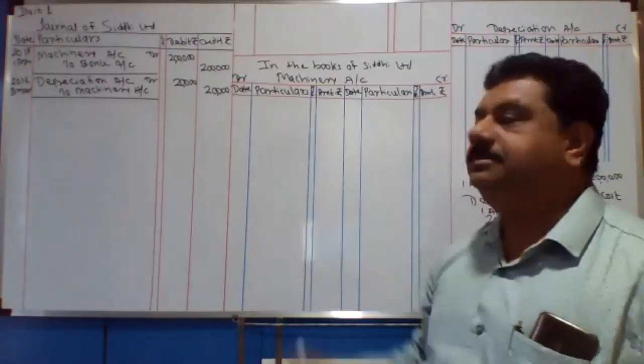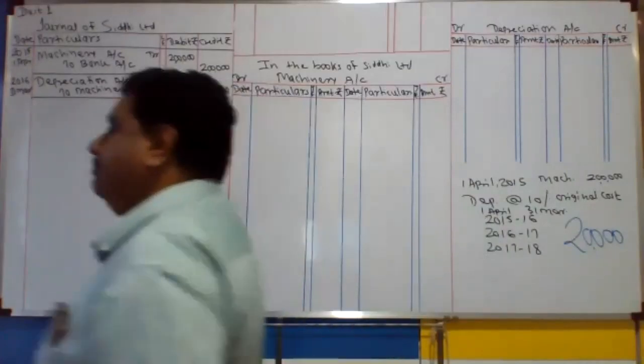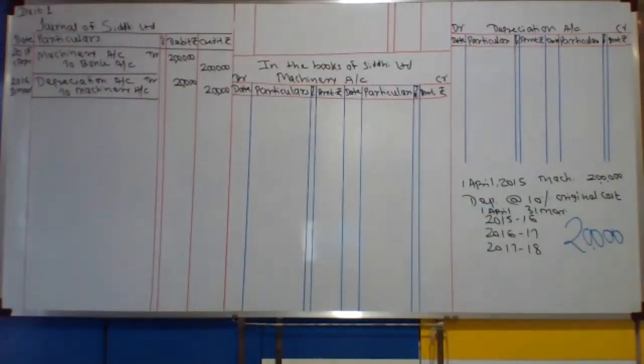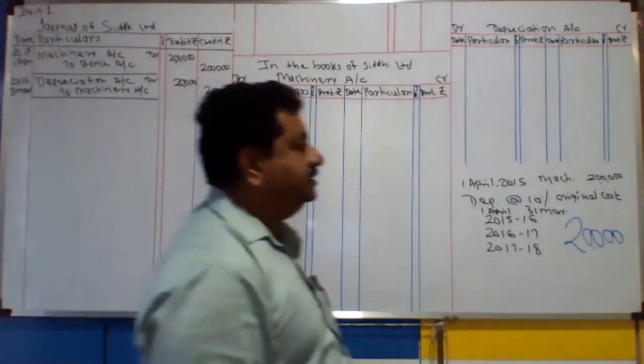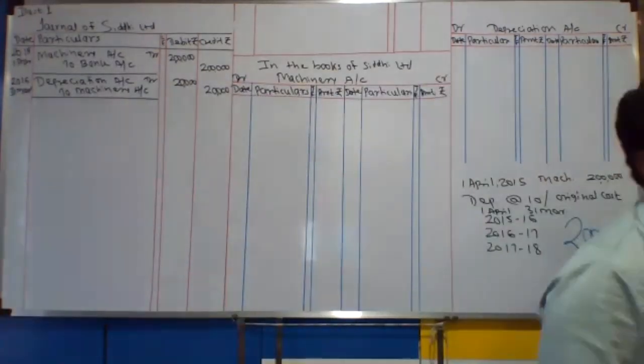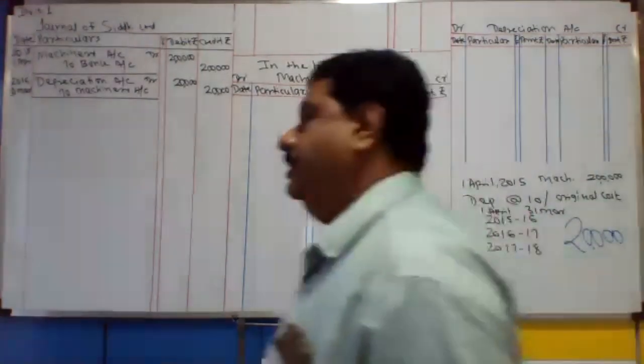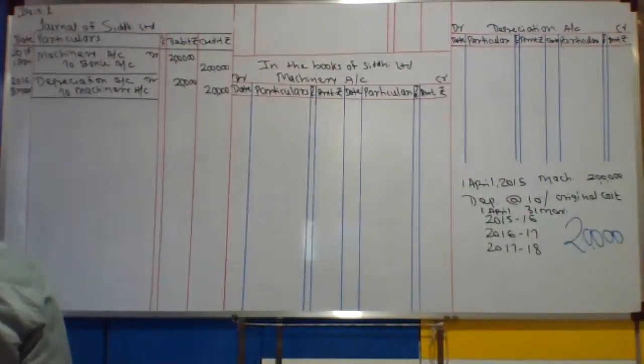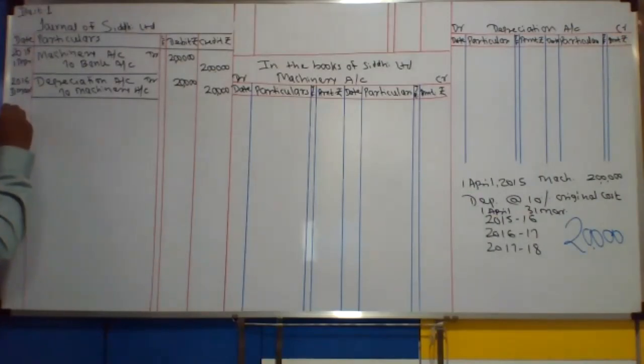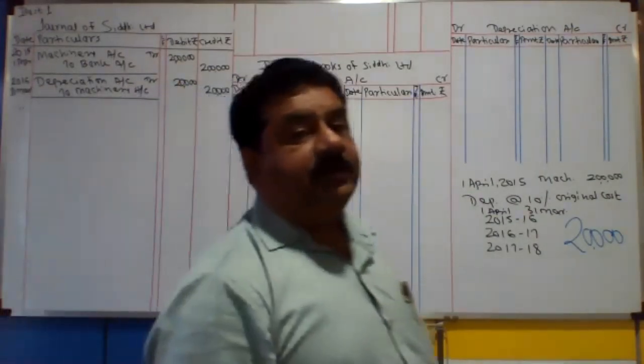Like narration: being 10% depreciation charge on original cost. Now there is one more entry.